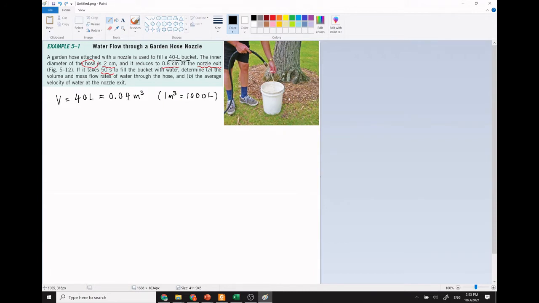So you can take 40 liter divided by 1000, then you get 0.04 meter cube.